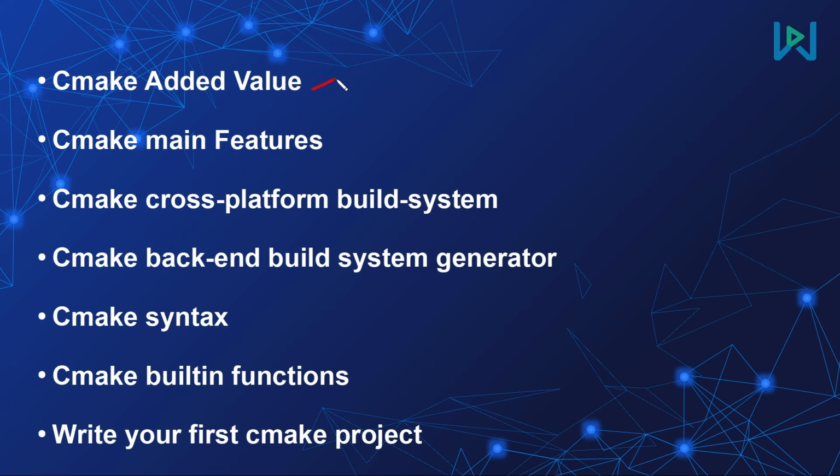Within the scope of this course, we're gonna see the added value of using CMake as build system generator. Added value compared to the manual way of building a complete embedded system project, as well as compared to the usage of the Make build tool as the only tool to build our project.